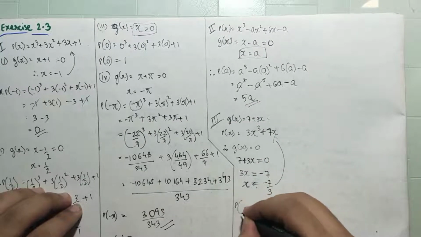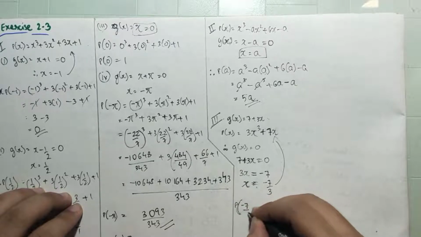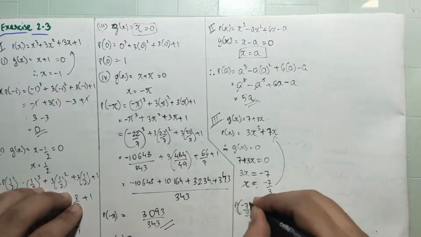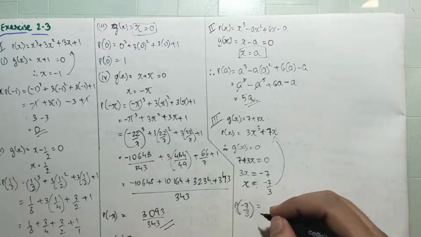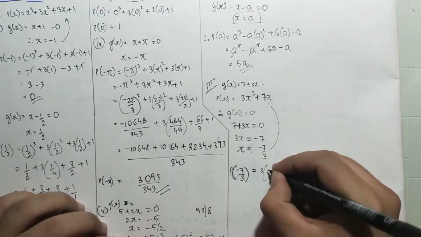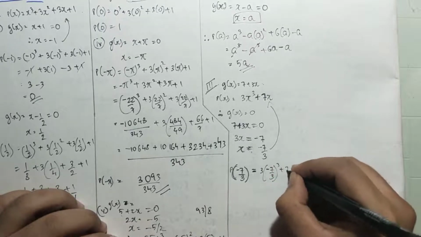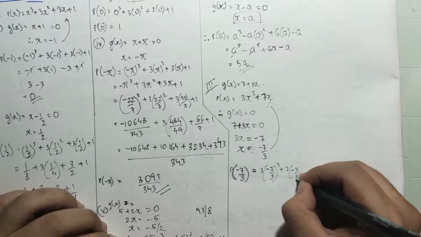So p of minus 7 by 3, we will get 3 multiplied by minus 7 by 3 whole cube plus 7 into minus 7 by 3.